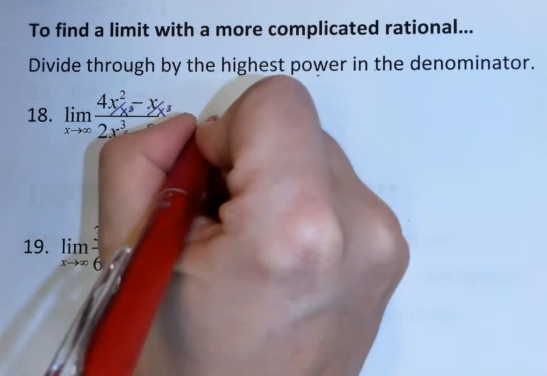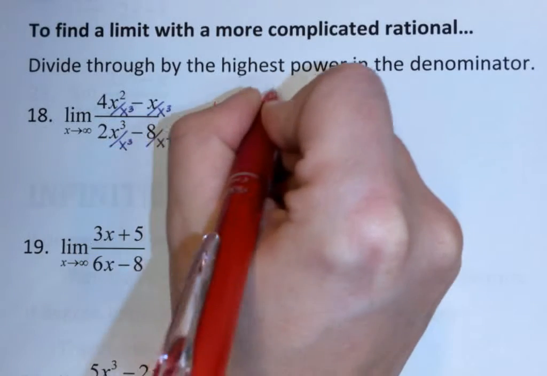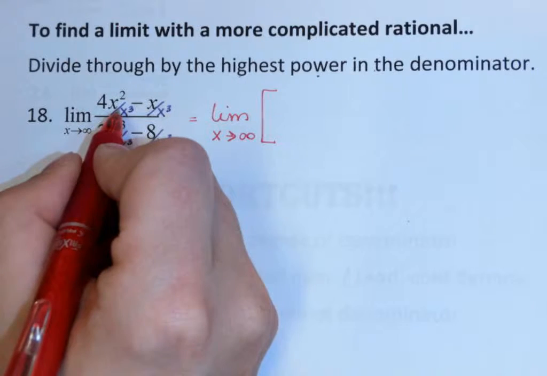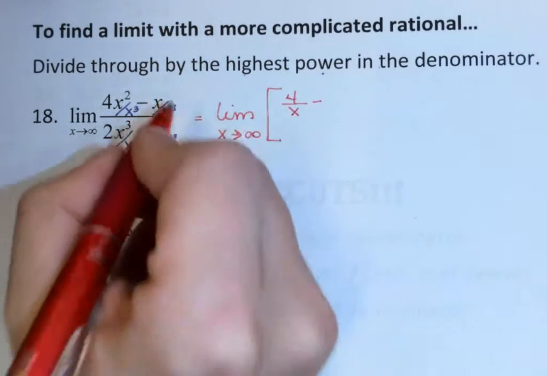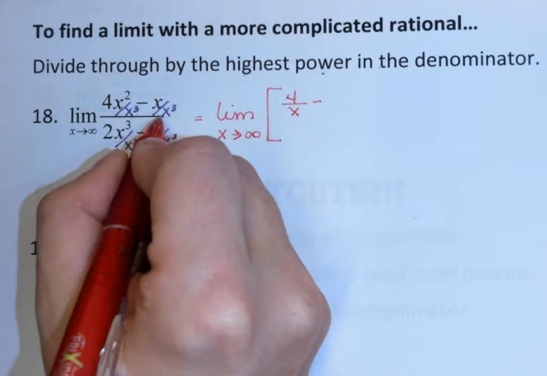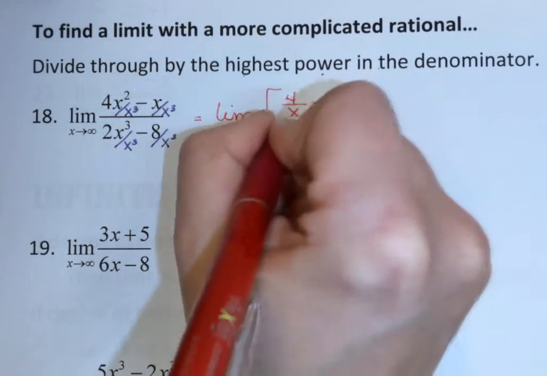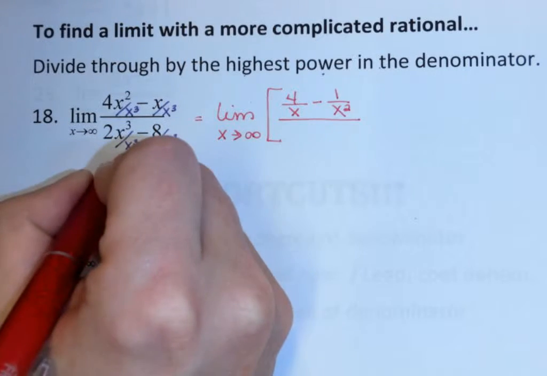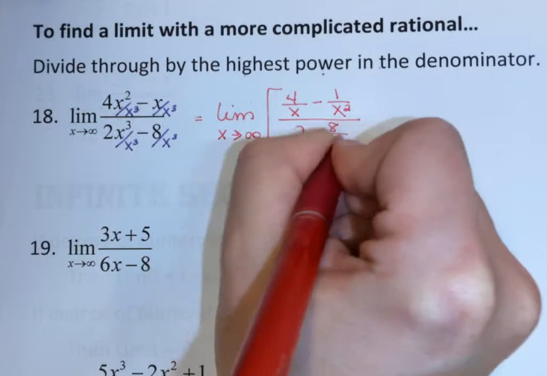So this becomes the limit as x goes to infinity of 4x squared over x cubed, 4 over x. x over x cubed, 1 over x squared. 2x cubed over x cubed, 2. And then I'm going to have 8 over x cubed.